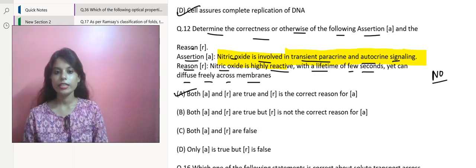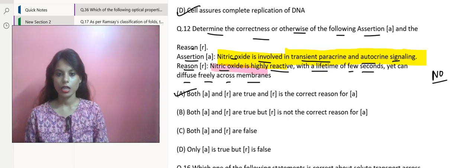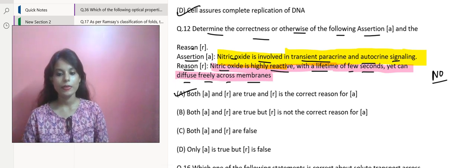And along with that, let's come to the reasoning part. Nitric oxide is highly reactive with a lifetime of few seconds, yet can diffuse freely across membranes. This is also true, and it also provides a correct explanation for the assertion, obviously.